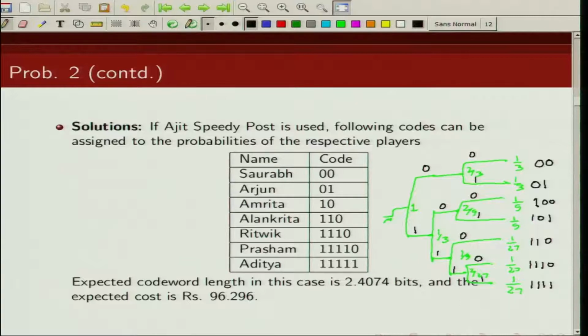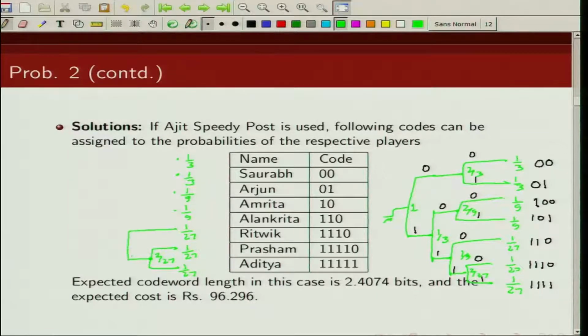Now we can do the same thing in another way. Both will essentially give the same expected value. Let's see, we have these two nodes with probability 1/3, one node with probability 1 by 9, and then we have 3 nodes with probability 1 by 27. I start off with these two nodes and make a new node which has probability 2 by 27.